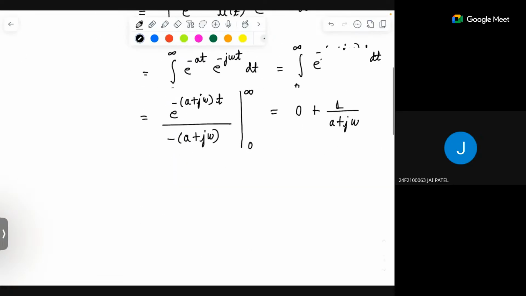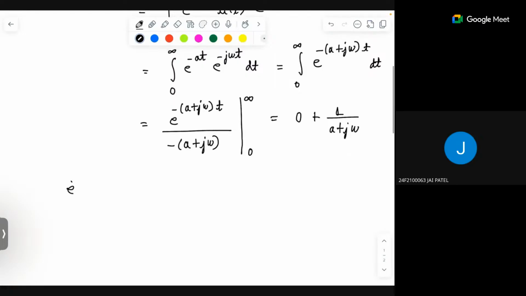So we get the Fourier transform of e raised to the power of minus a t u(t), a greater than 0, comes out to be 1 upon a plus j omega. So this was the first part. Is this clear? How we computed?